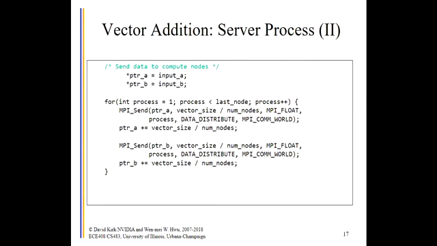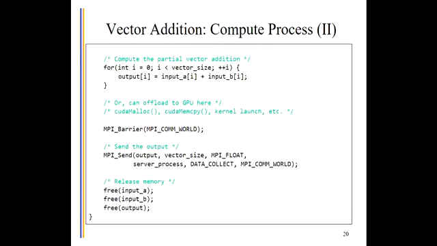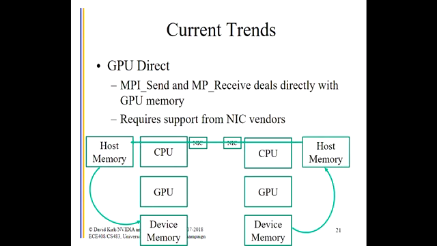Any questions? If you really understand this, then the next slide should make perfect sense. This is essentially the most important trend in GPU cluster computing today. It's what we call GPU Direct. What we talked about was that with MPI, the data server and the compute server are sending and receiving data.